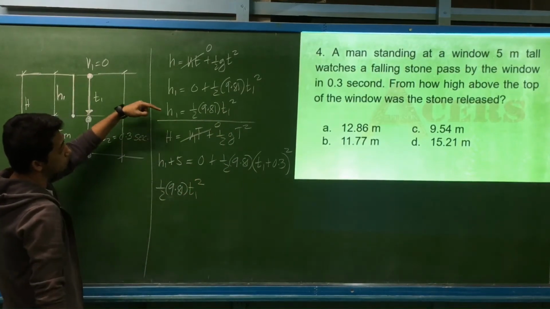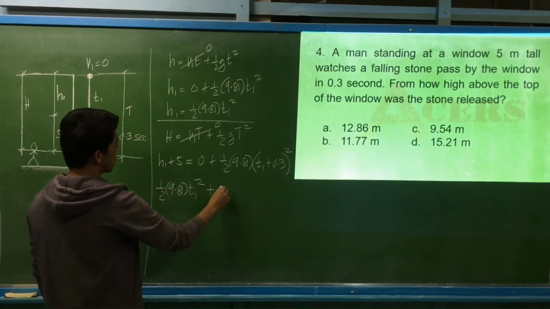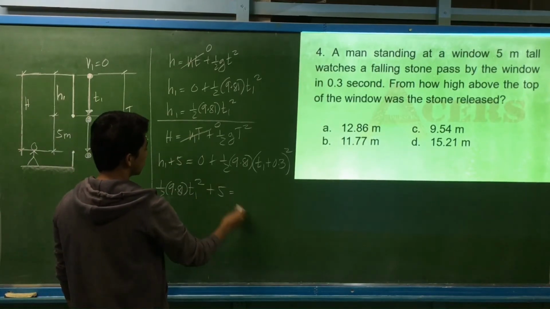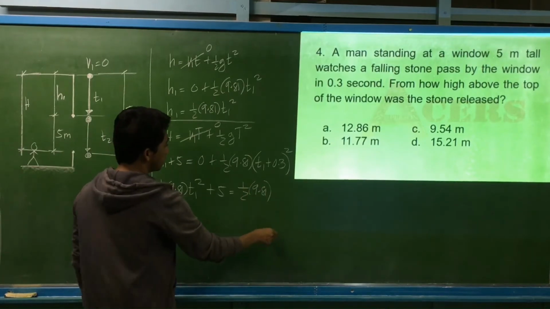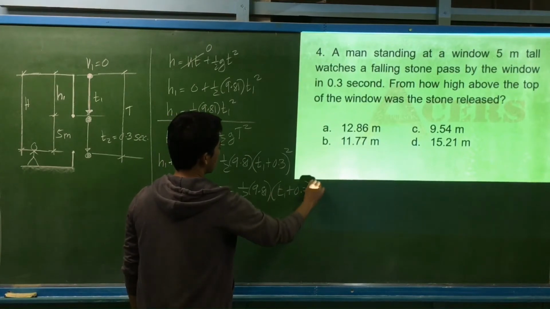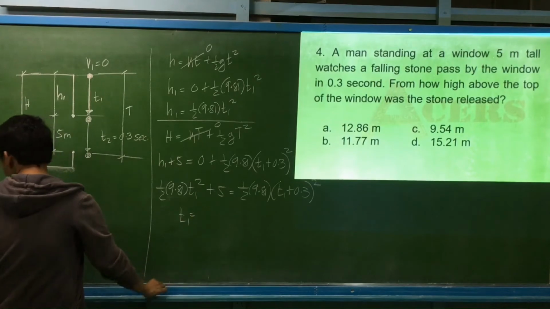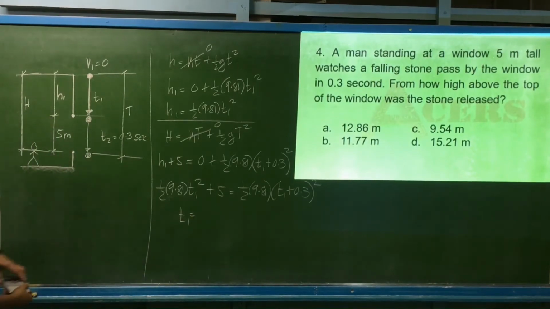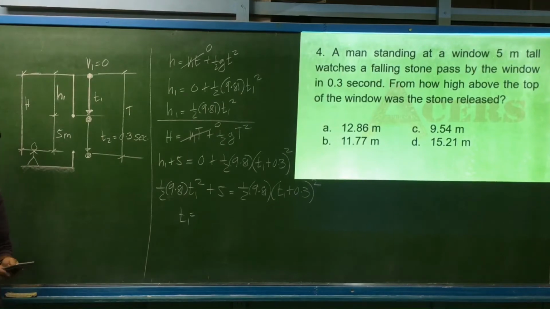Plus 5 equal to 0 plus 1/2 of 9.81 times T sub 1 plus 0.3 quantity squared. So we can solve for time number 1, that is from the point of release to the upper edge of the window.